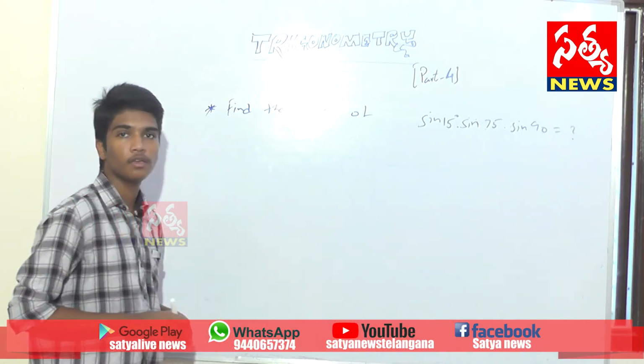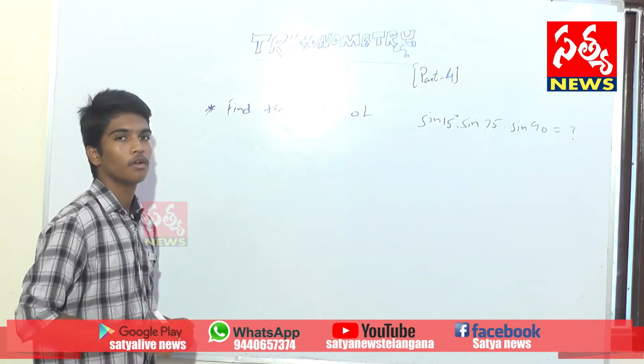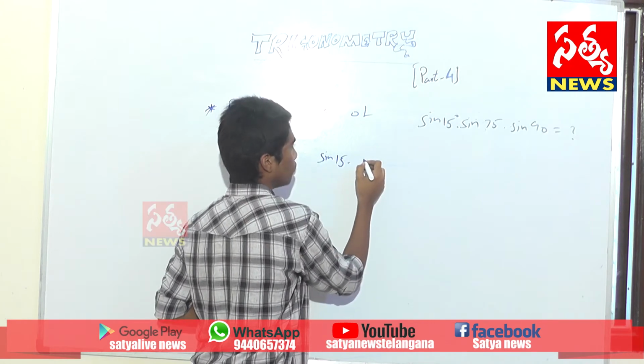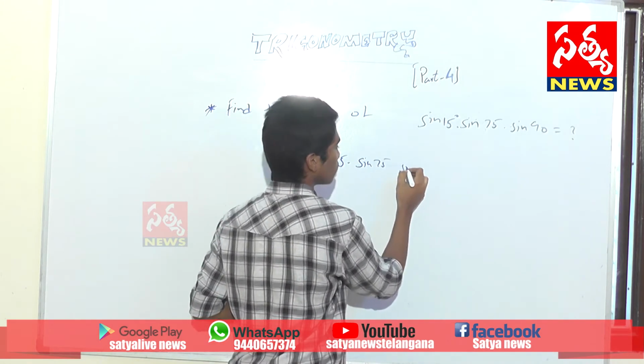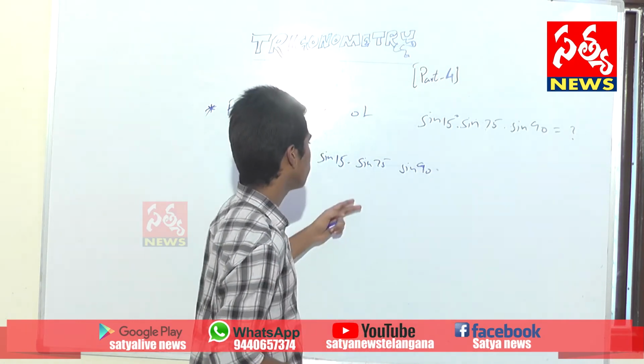Think for a while. Okay, I will solve it. Sin 15, sin 75, sin 90. This is what we have.